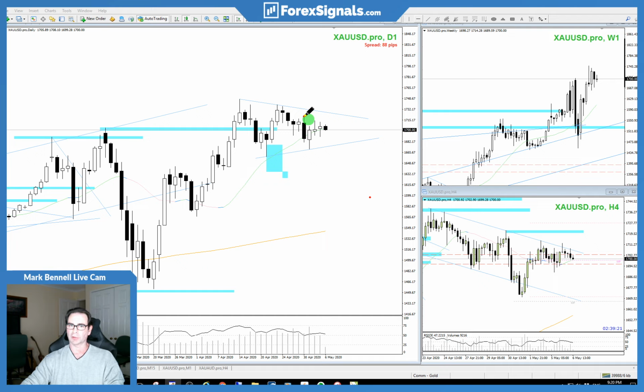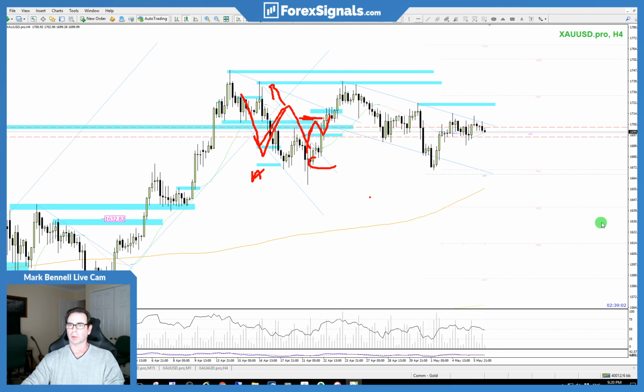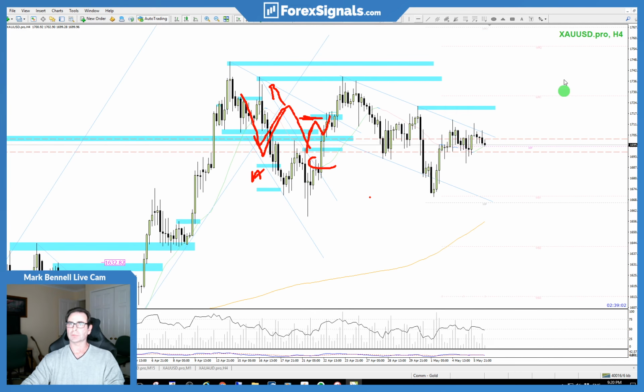We've got a swing through here. All right, now this is actually A, B, shallow C, which I won't go into. But the same applies. Notice where we're pausing. So when we drill down to the 4 hour on gold, this is that ABC.